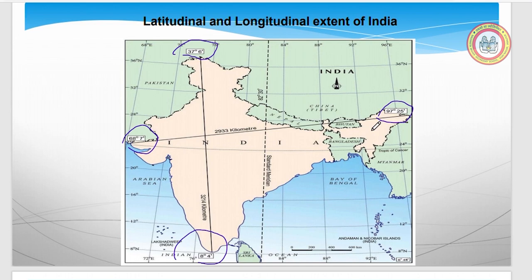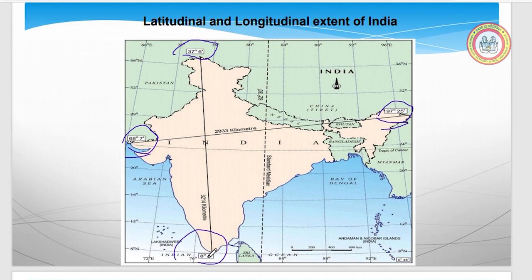So, in this way, the easternmost longitude will be 97 degree 25 minutes east and westernmost 68 degree 7 minutes east. Same way, northernmost latitude will be 37 degree 6 minutes north and southernmost 8 degree 4 minutes north.